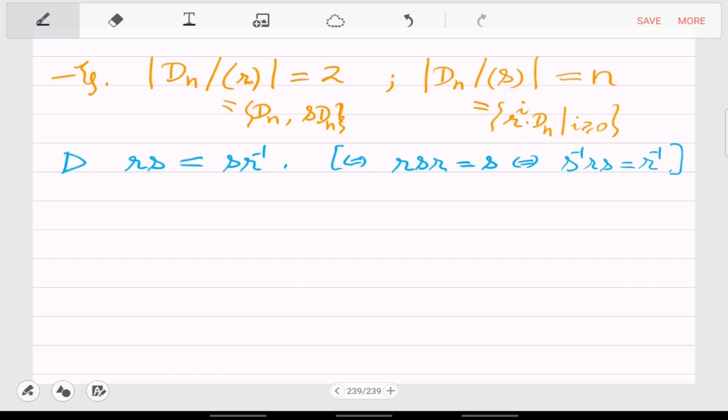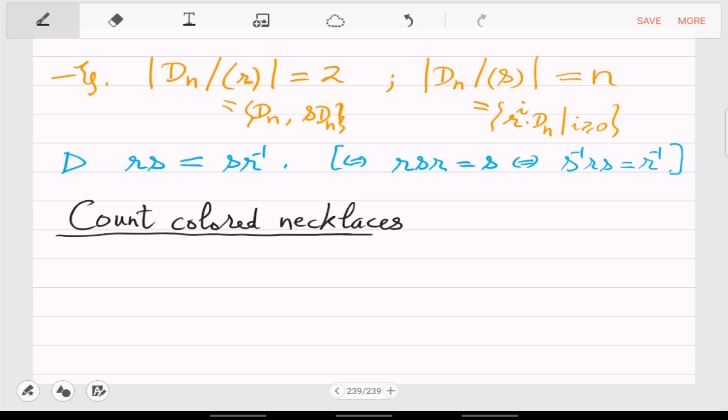So the last topic I wanted to do, which I don't think will be possible now, is to count necklaces. So here the problem is that you have this same polygon, and the vertices are basically beads.